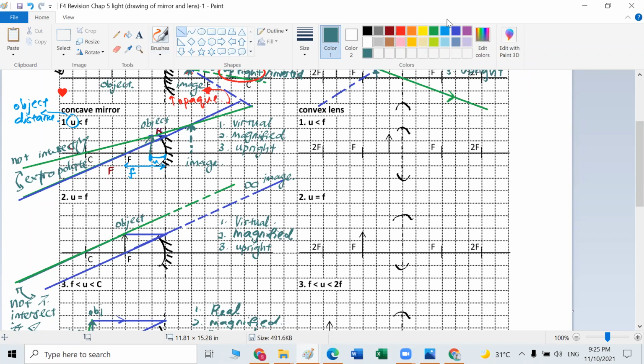The same thing. KFC. K, then F, then C. C is the center of the lens.